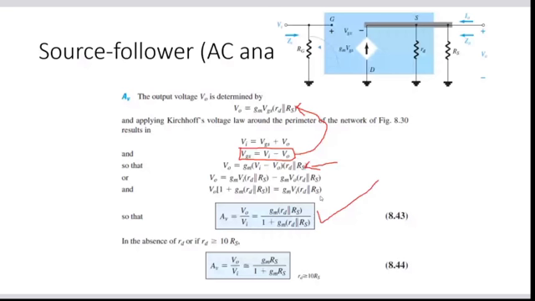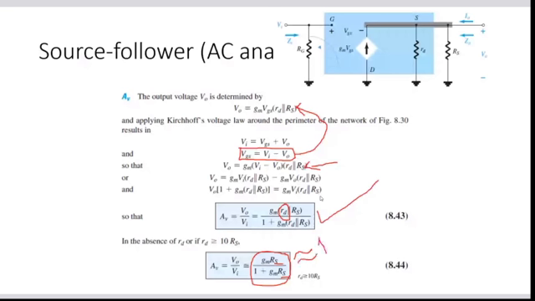Also here you can see that if the RD value is higher, since RD is in the parallel connection, RD parallel with RS can be replaced with RS, in both the numerator and the denominator. Finally, this value is approximately equal to 1, or it can only be less than 1.